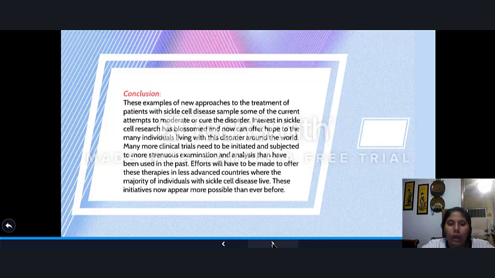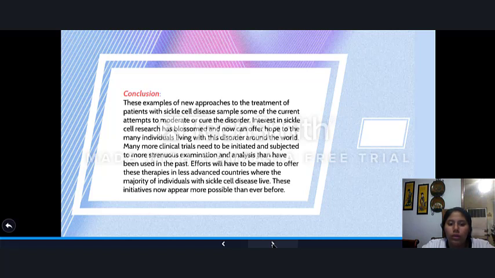Many more clinical trials need to be united and subject to more strenuous examination and analysis than have been used in the past.